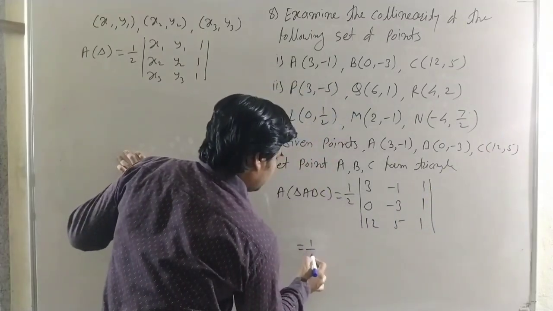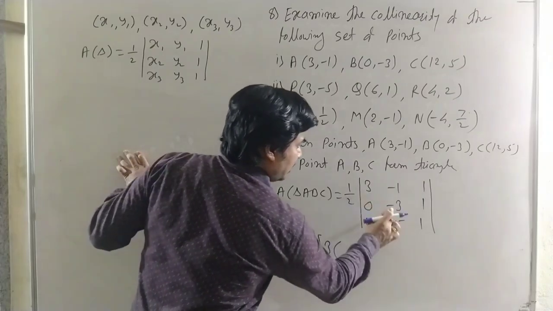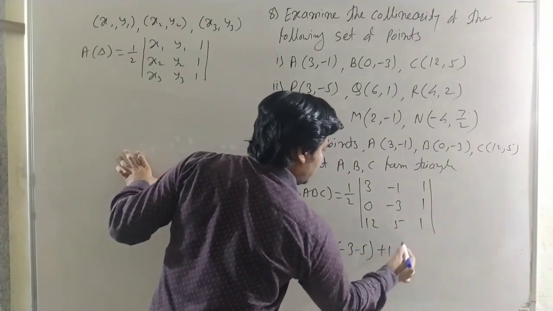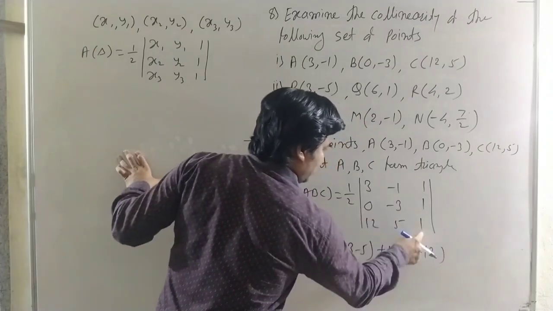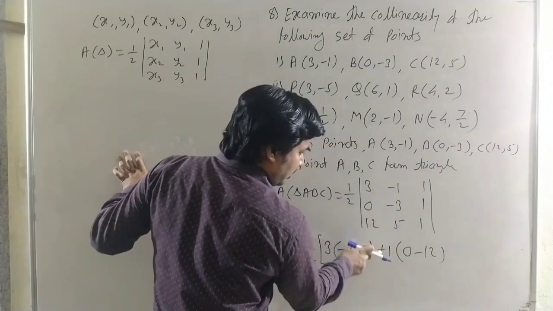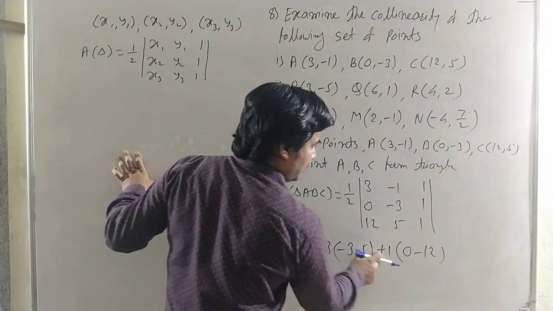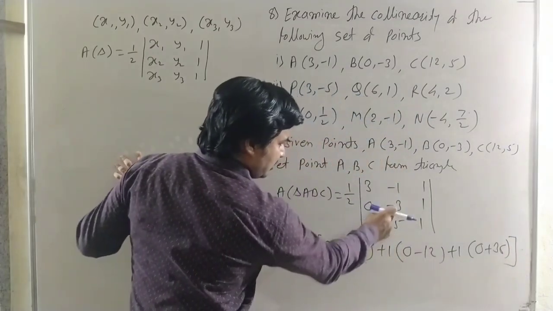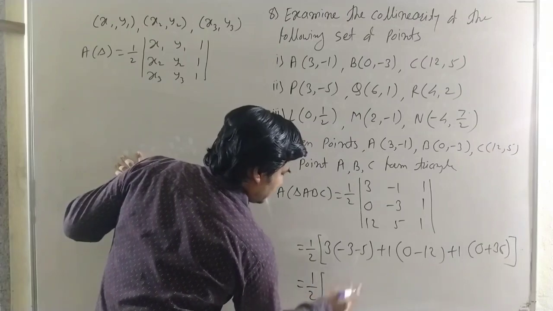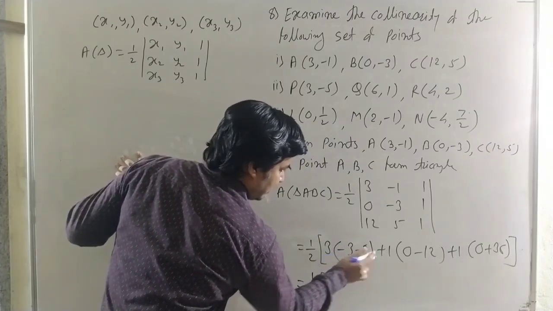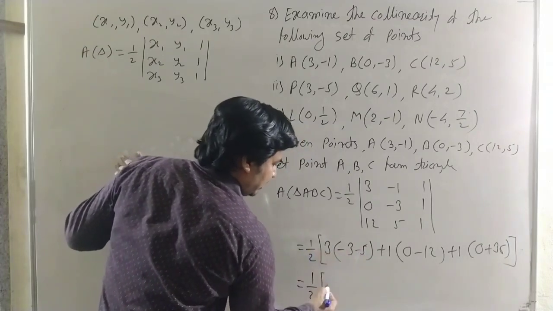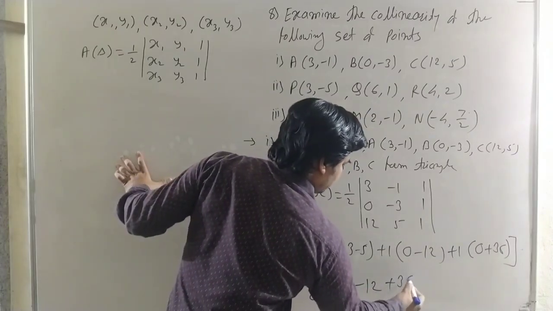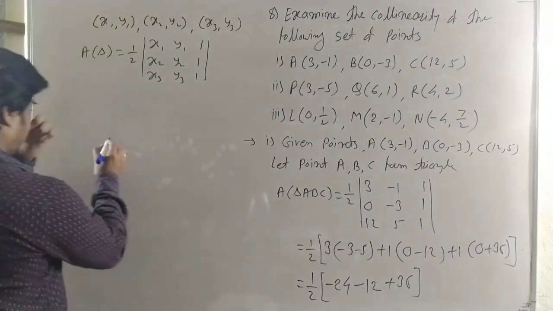Now find the determinant. 3 into (-3 - 5), that is -24, plus 1 into (0 - (-12)), change the sign of the middle term, so it is +1 times 0 plus 36. Then it is -24, then -12... it is +36.